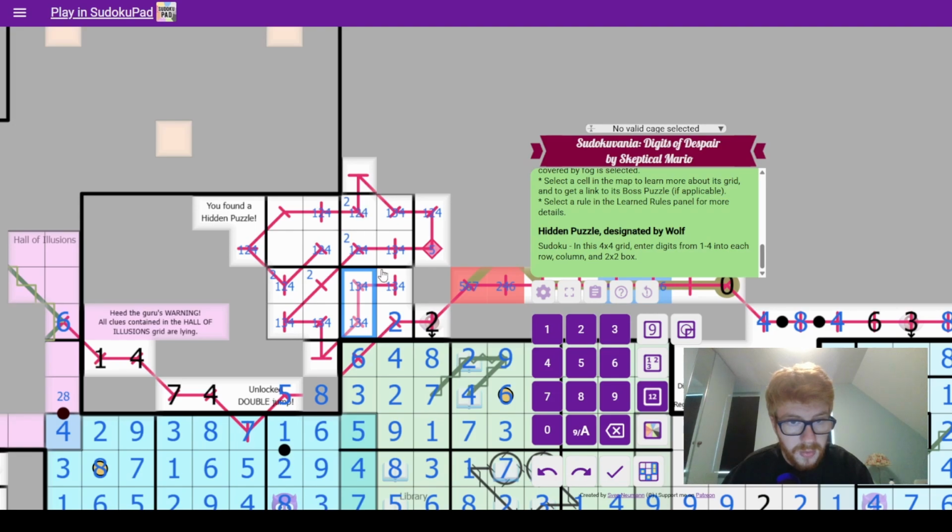So one of those is a 3, so that's not a 3, so that's not a 2. So this is a 1, 4 pair, so that is 2 or 3. And that corresponds with that one, isn't it? Okay, that's the most useless one it could have been.